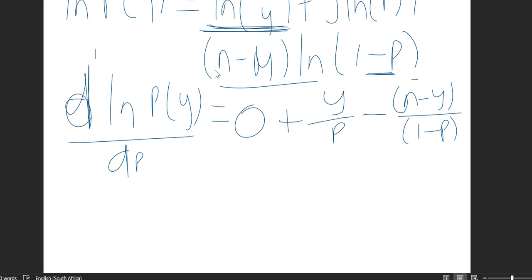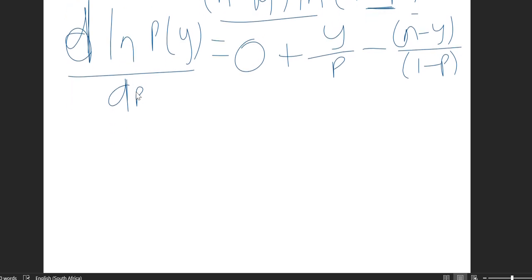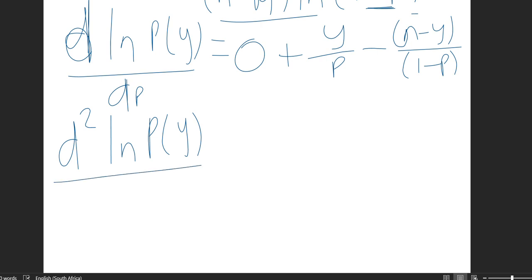And then after this, we are going to take the second derivative of this logarithmic function of our PMF. Now this will be, take the second derivative with respect to p.